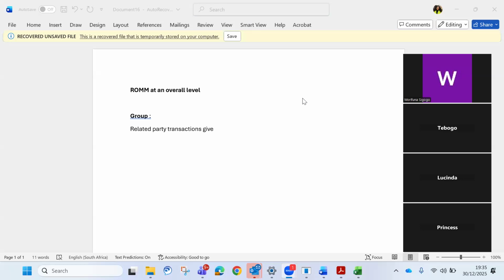Then we can go deeper and say we are now diving into revenue. What could go wrong in revenue? When you look at revenue, this is when you're going to do it at an assertion level. Then on top of all of this, you also look at the control environment. Then you have the group in control at the risk of material misstatement on an overall level.